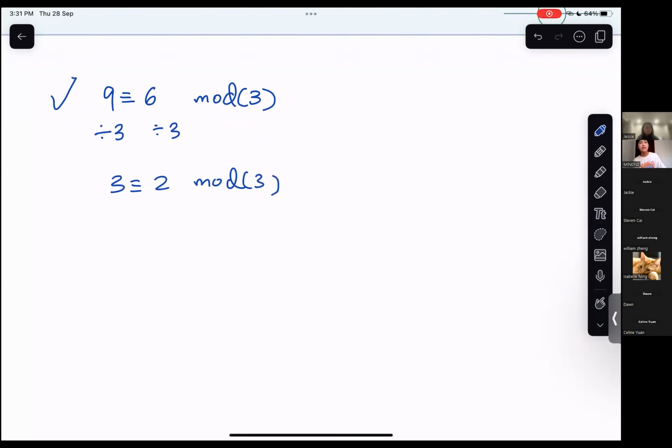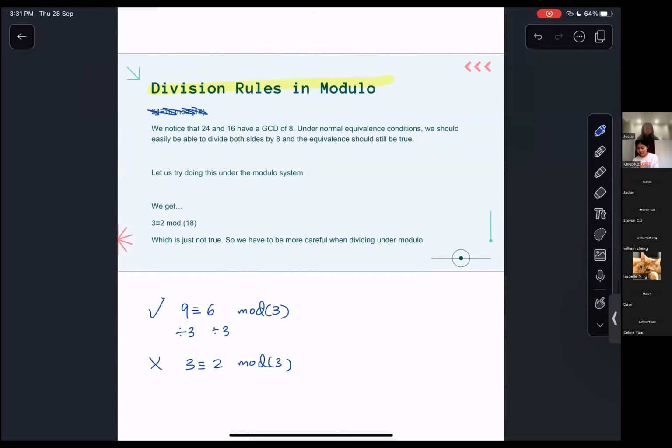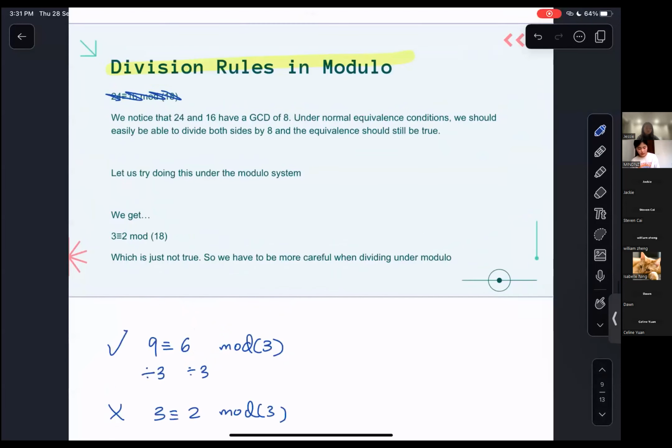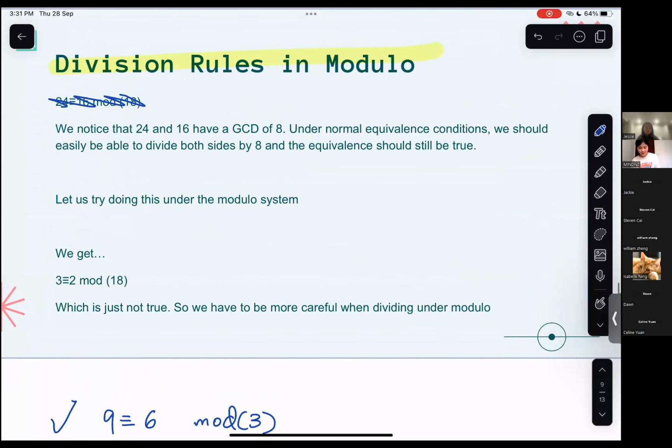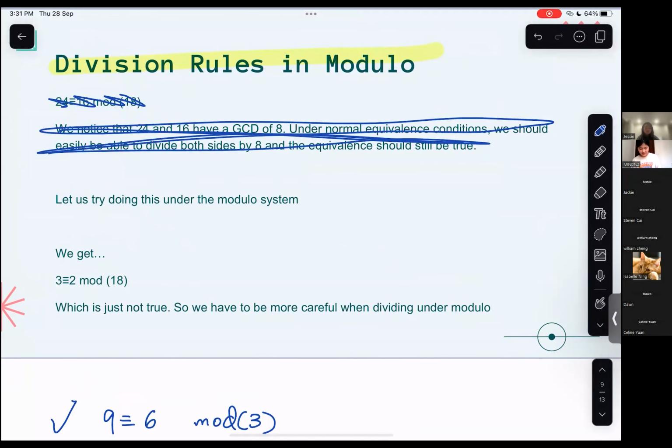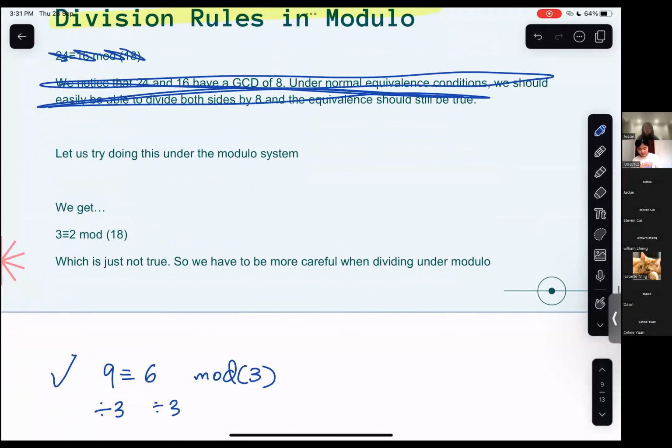Because 3 mod 3 is 0, but 2 mod 3 is still 2. So this is an incorrect statement. So obviously when we've divided something, something's gone wrong. We've broken something. And that's generally what the division rule is talking about. So ignore the example because it's not true at all.